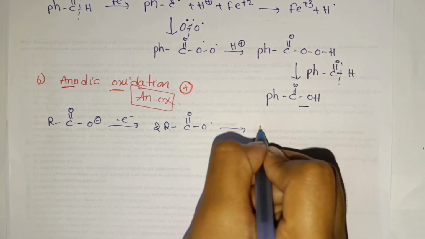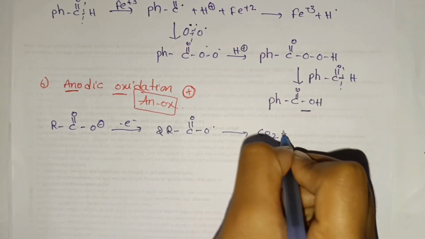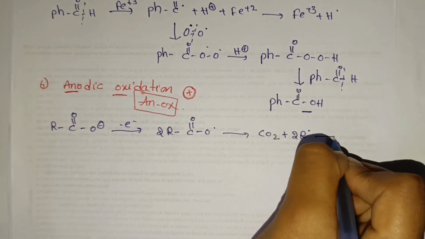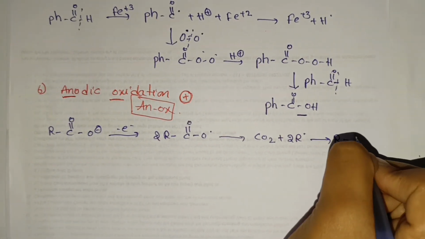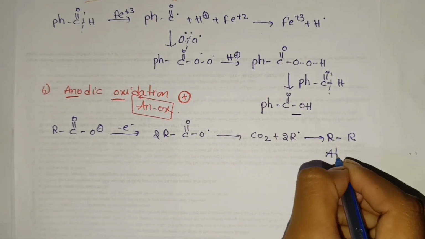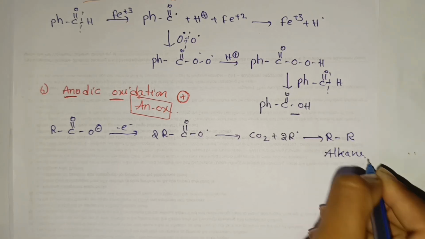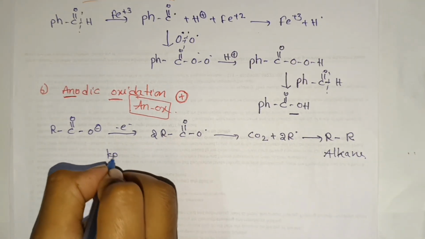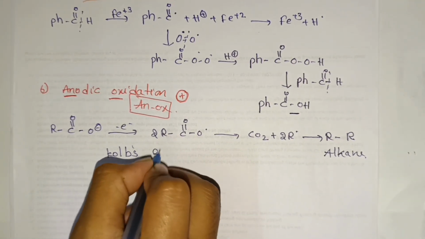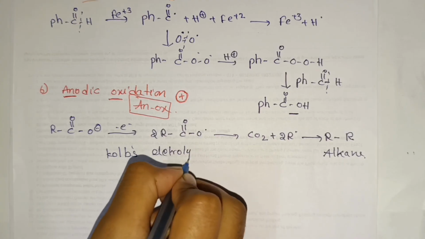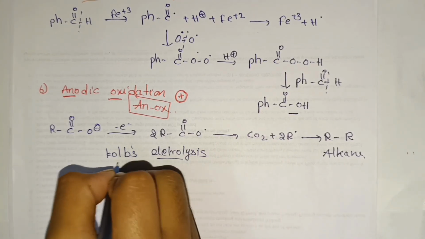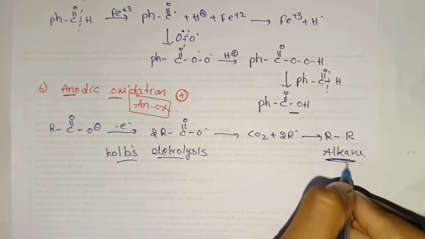Here one free radical forms CO2 plus a radical. Finally it forms alkane. This is alkane. This reaction is known as Kolbe's electrolysis. In Kolbe's electrolysis, it forms alkane finally.